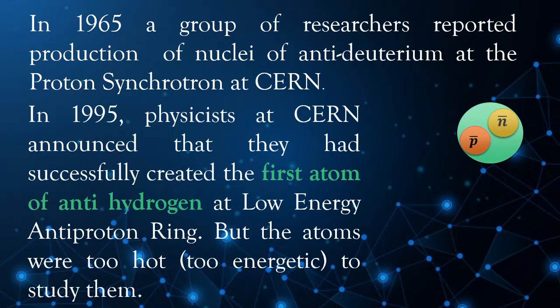In 1995, physicists at CERN announced that they had successfully created the first atoms of antihydrogen at the Low Energy Antiproton Ring. It was a very big achievement, but the atoms were too hot to study. So the challenge was to slow them down.